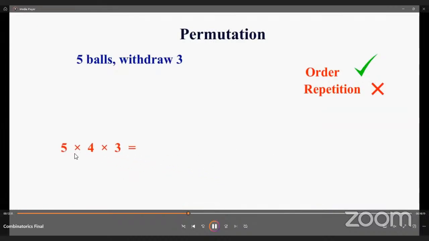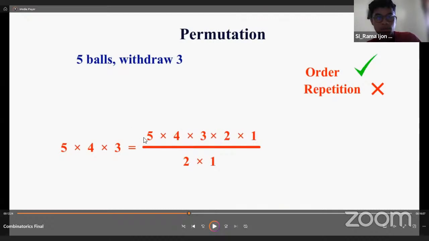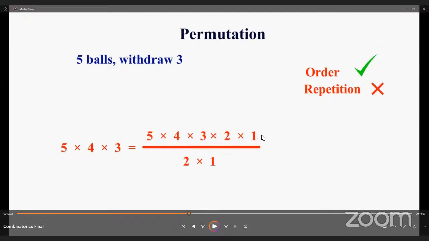So that's 5 times 4 times 3. That is actually this one, 5 times 4 times 3 times 2 times 1. You recognize this. What is this? The notation. 5 times 4 times 3 is 60, times 2.